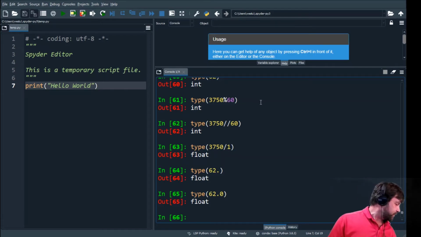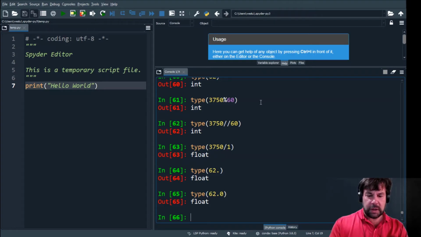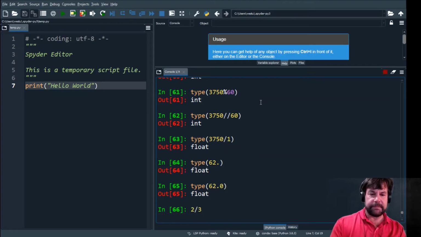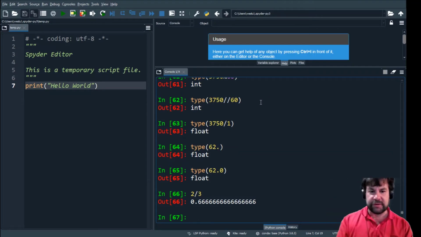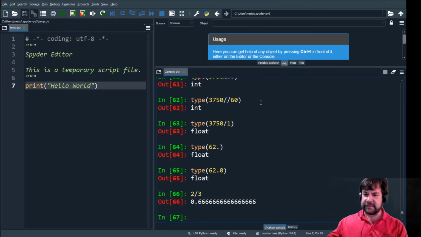So for example, if we look at something like 2/3, the floating point representation of 2/3 is 0.6 ad infinitum. This is about how many bits we have. So that's the limit of our representation for a floating point 2/3.